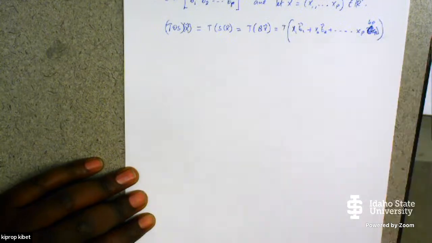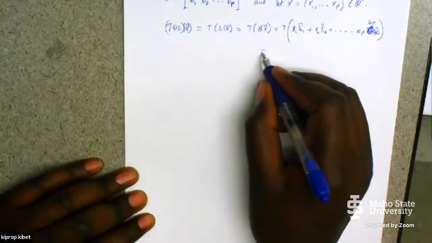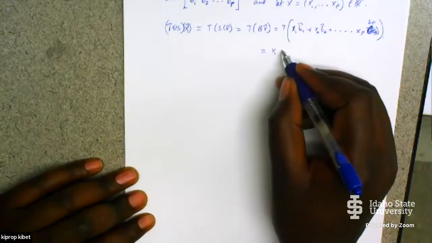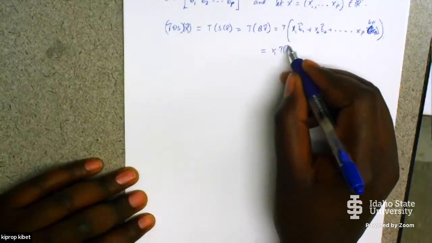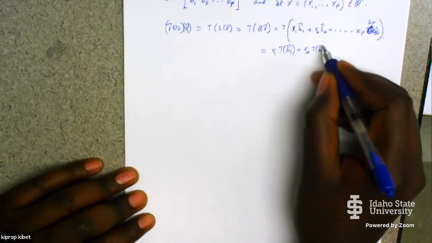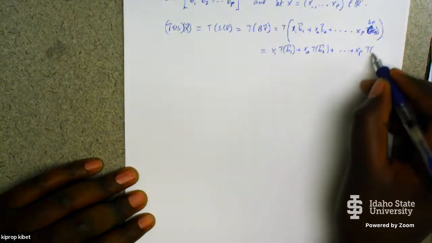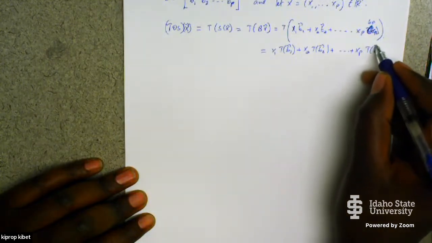Now, if we distribute this T, it is the same as x1 T of B1 plus x2 T of B2 plus xp T of Bp.